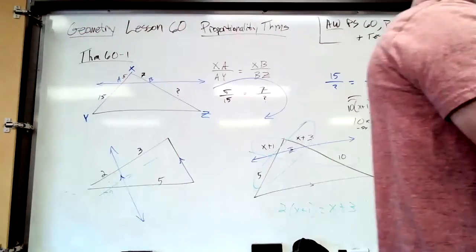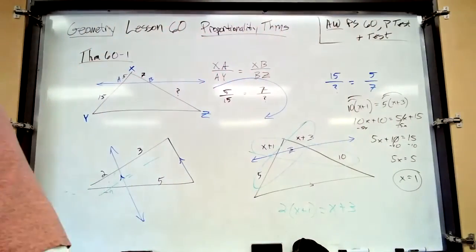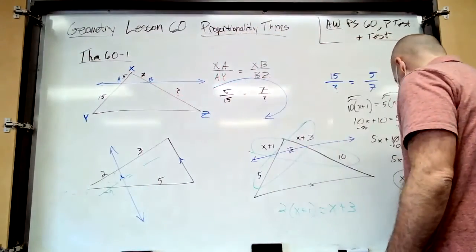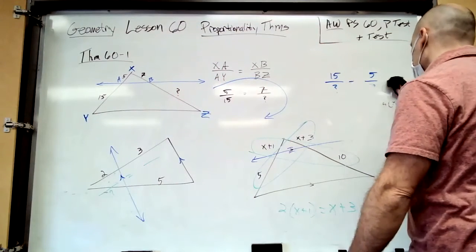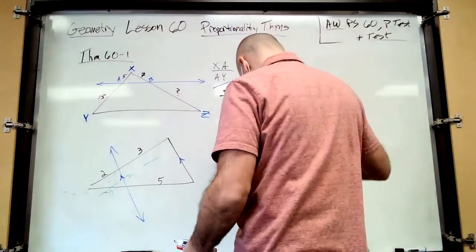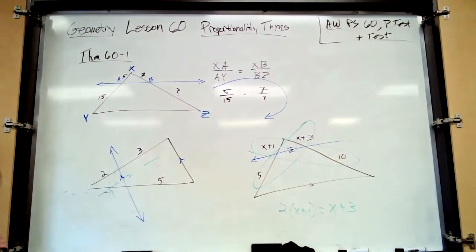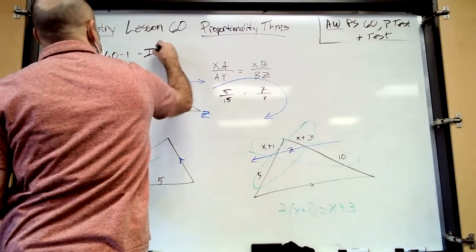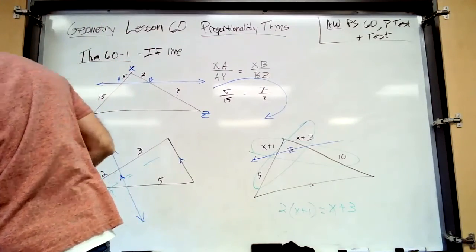Okay, are we good with that so far? Proportion? Let's move on to the next theorem, which is probably going to be the converse of 60-1. So can anyone state the converse of 60-1? Which we didn't really write out. So if a line is parallel, you can write this down on page 396.